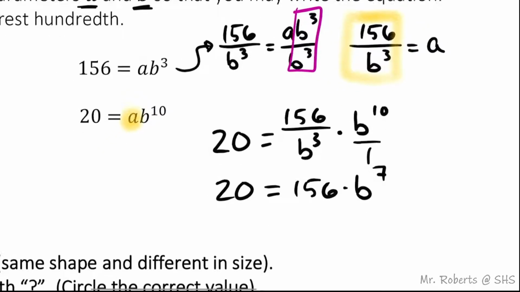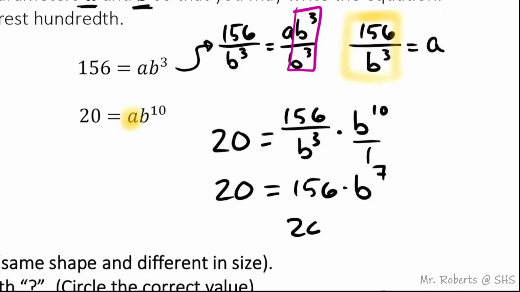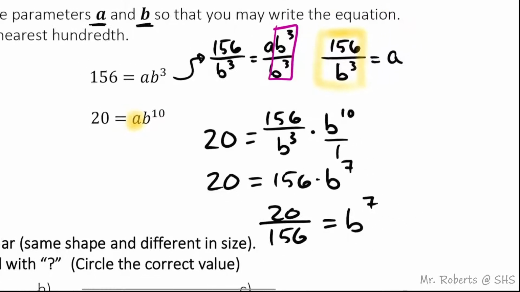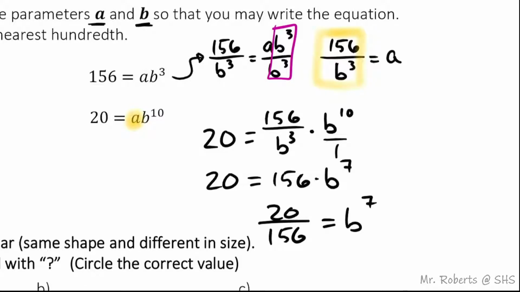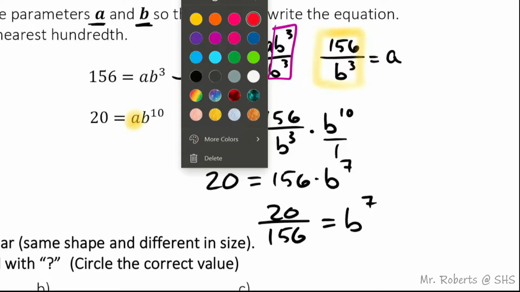If I divide both sides of that by 156, I get 20 over 156 is b to the 7th. And remember, I'm trying to find my two parameters, a and b. So close to finding b. If only there was a way that I could undo raising something to the 7th power. And I know what you're saying: there is, Mr. Roberts, there is.